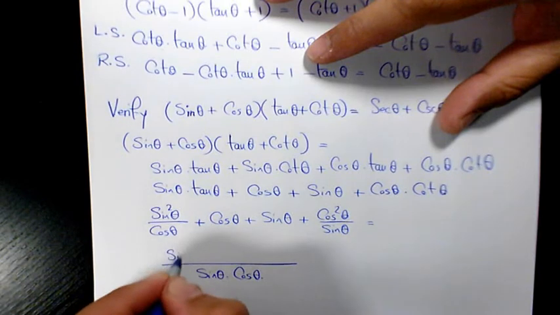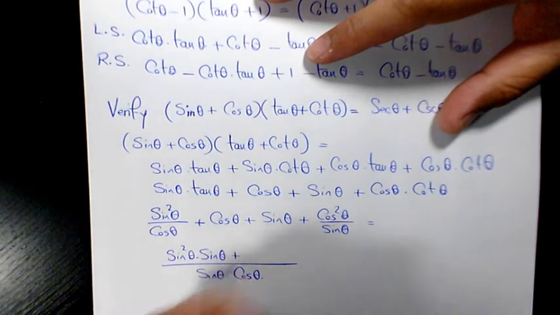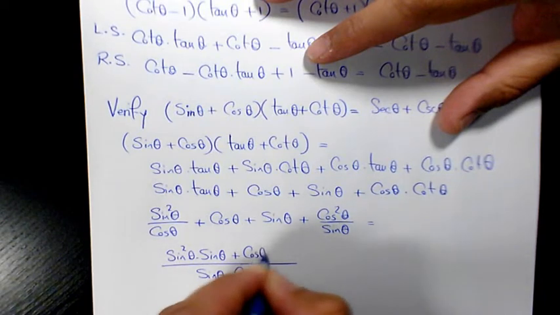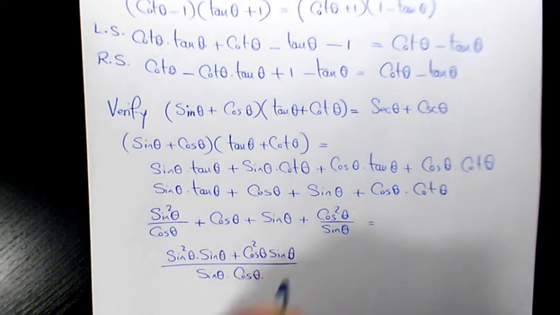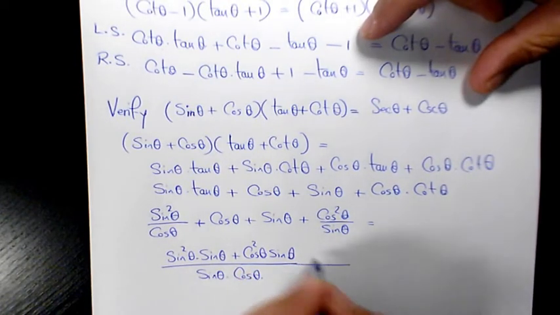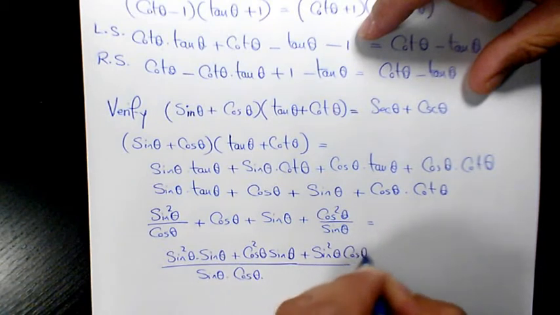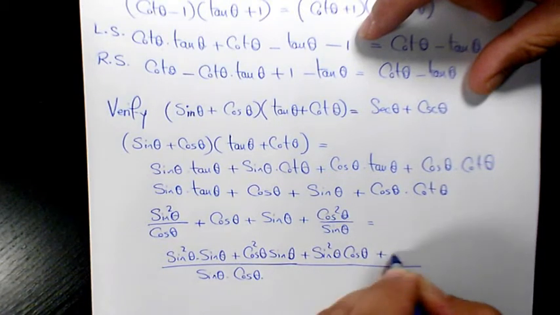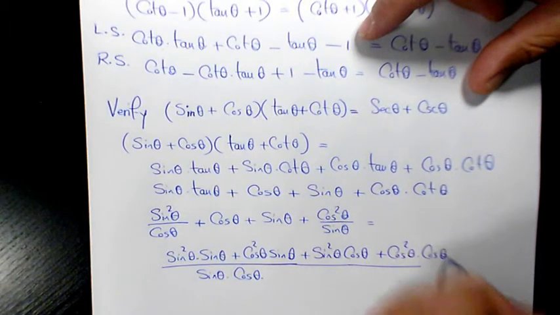We have sine squared theta times sine theta plus cosine squared theta sine theta plus sine squared theta cosine theta plus cosine squared theta cosine theta.